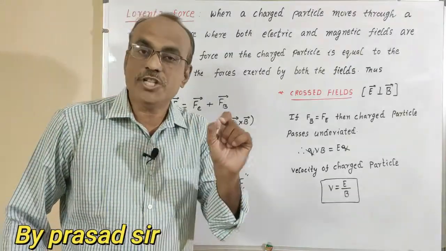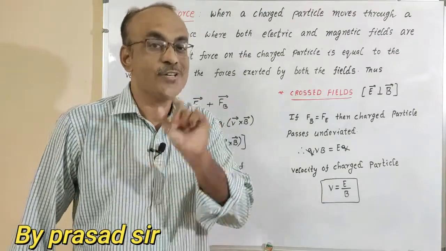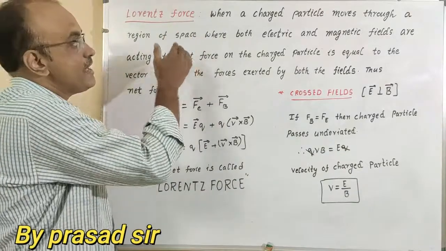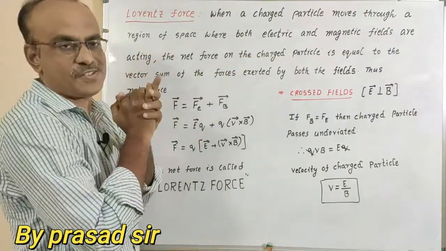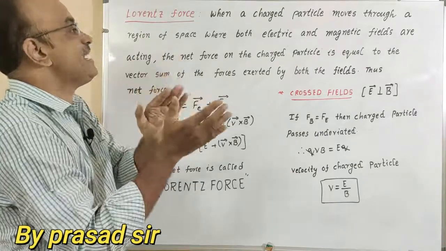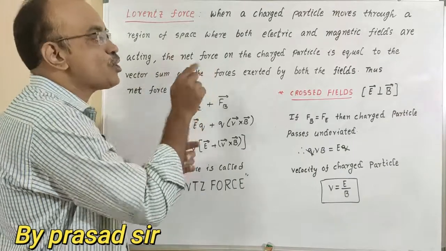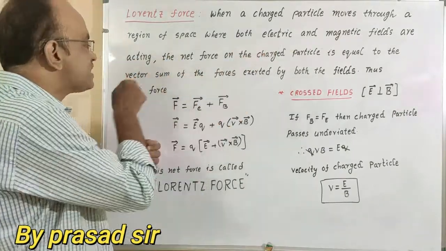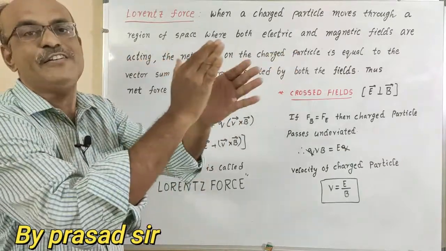To answer question number 18, we must have an idea about the Lorentz force. Whenever a charged particle moves into a region of space where both electric and magnetic fields are acting, the net force on the charged particle is equal to the vector sum of the forces exerted by both the fields.